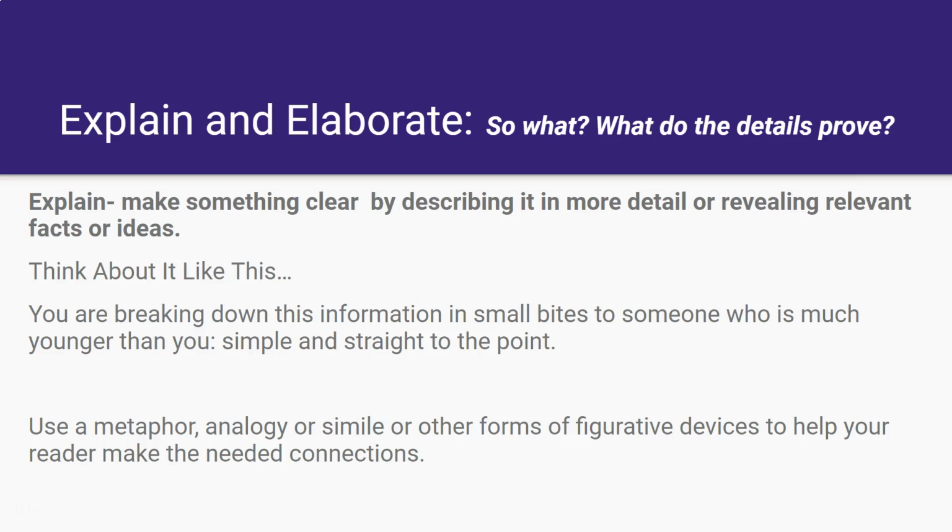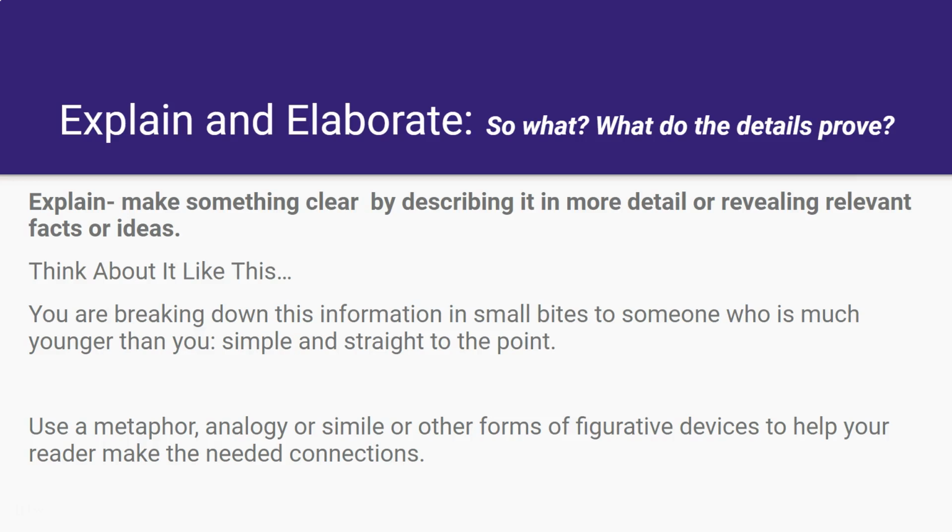You got to keep it simple. You got to keep it straight and to the point. And then you want to back it up with a metaphor, an analogy, or a simile. Or you can use any form of figurative language to help your reader make the connections that they need to make so that they can understand what you're saying.